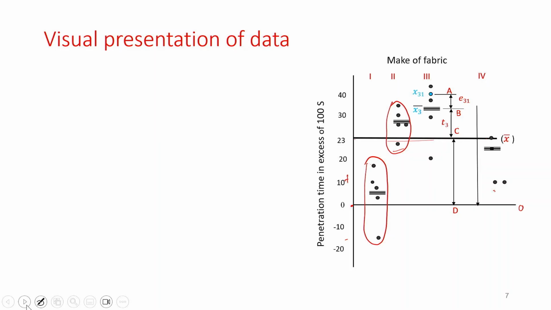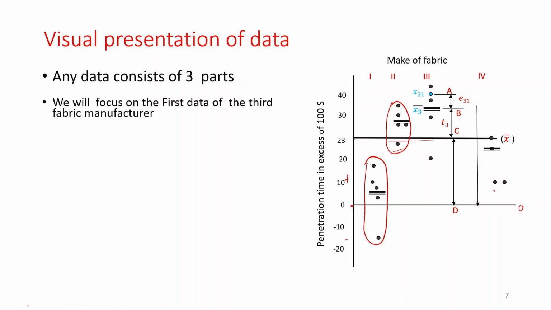Now, any data can be considered to consist of three parts. We will focus on the very first data point of the third fabric manufacturer. This data point that we have chosen is X31.